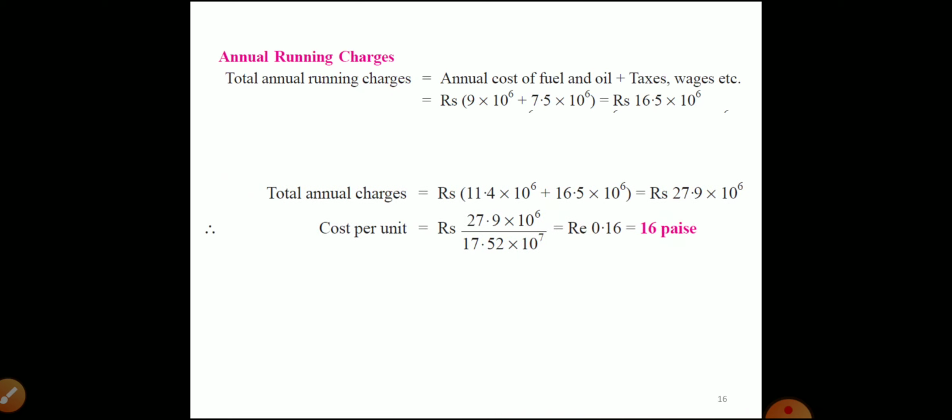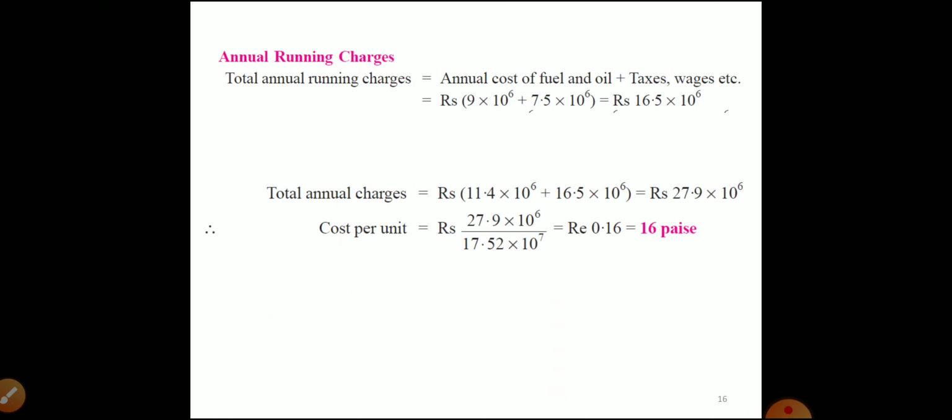Sometimes these taxes and wages may be considered running charges, or they could be considered fixed charges. Even if we consider them in fixed charges, the cost of generation is not going to change. So this point you have to understand.